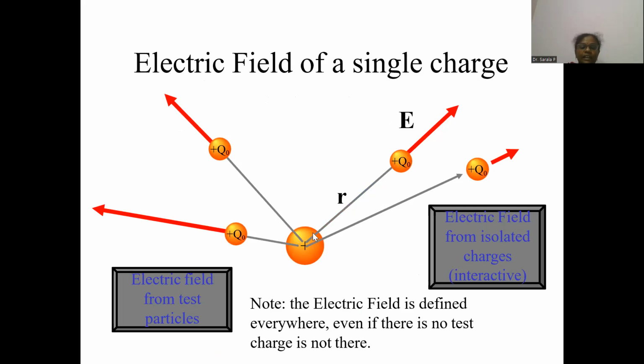Let us take this as a single charge. Okay, this is the test particle. Here there is Q naught, here Q naught, here Q naught, and here Q naught. So the electric field is acting along the direction of the other charges. The electric field is defined everywhere, even if there is no test charge there.